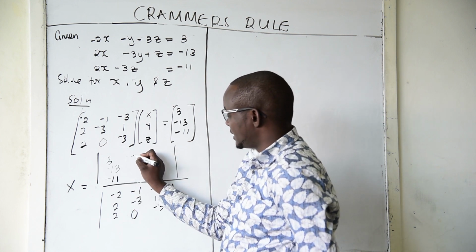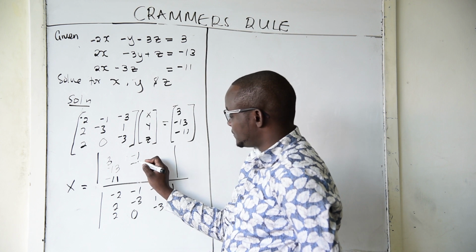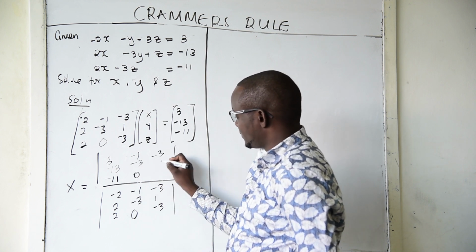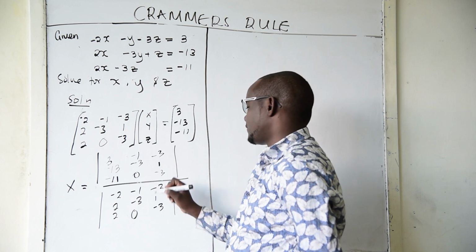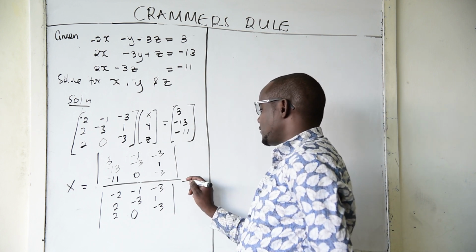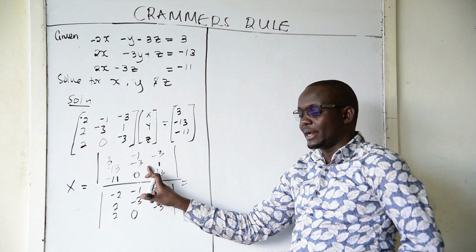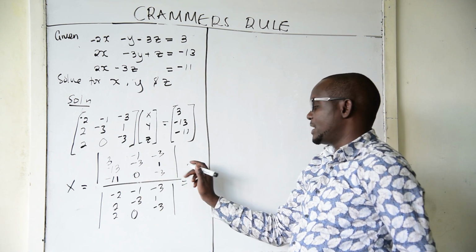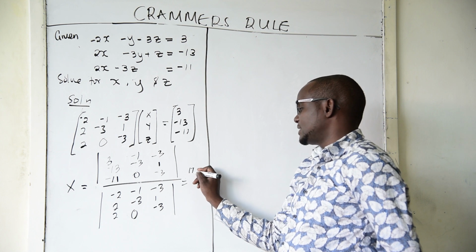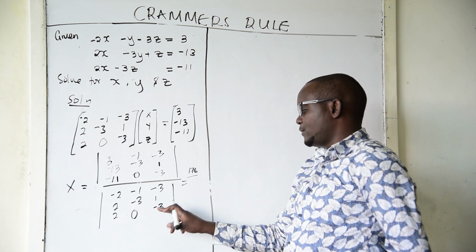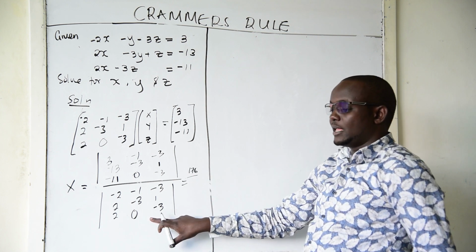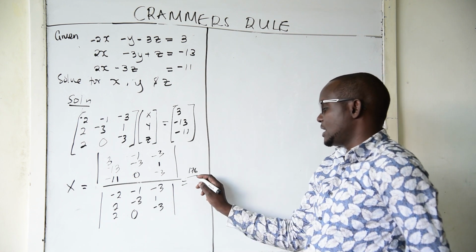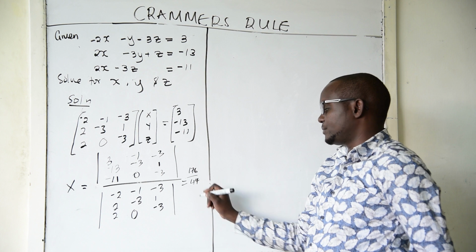So here we have negative 1, negative 3, 0. We have negative 3, 1, and negative 3. If you find the determinant of the numerator, you'll find it's 176. If you find the determinant of this denominator, you will get 44.